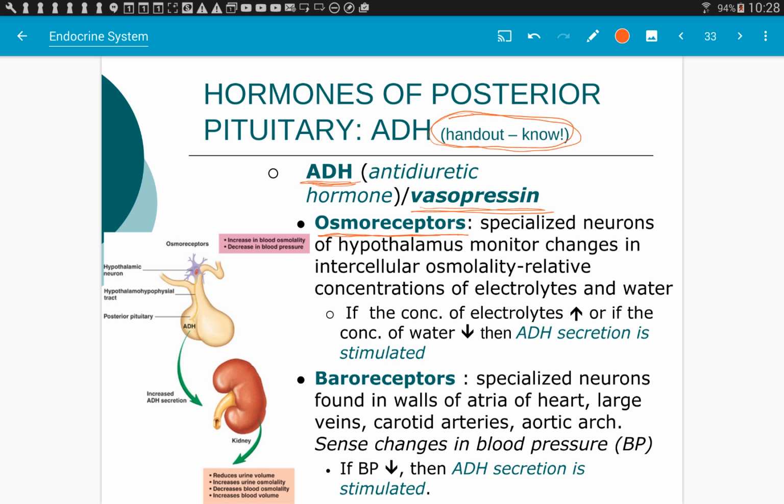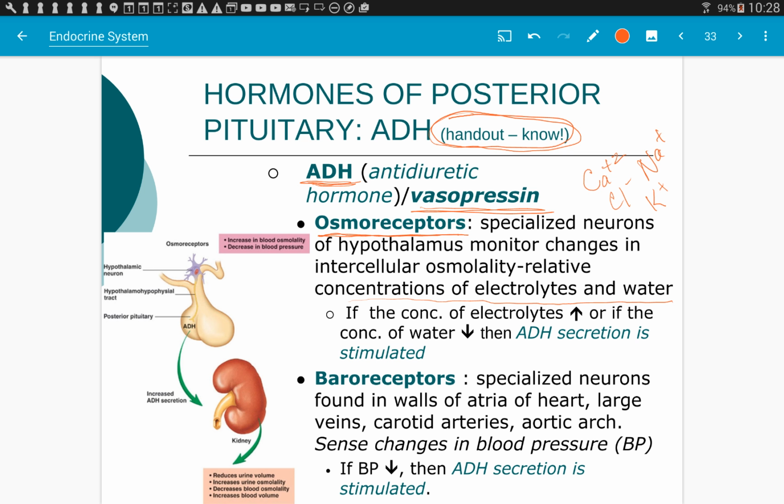How much stuff is dissolved in the blood. It's talking about, for example, the concentrations of electrolytes and water. Electrolytes are anything with a charge. So calcium is an electrolyte, chloride is, sodium is. Potassium is an important one we've talked about before. So these are examples of electrolytes.